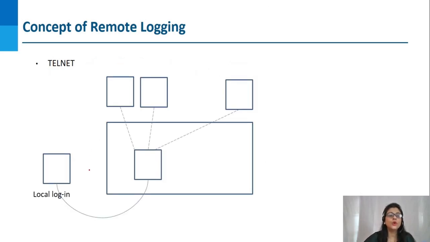Let's understand the local logging concept, then we will go to the remote logging concept. Let's say there is a terminal at this site, site A. This is the operating system. This is known as the terminal driver. These are all the application programs.